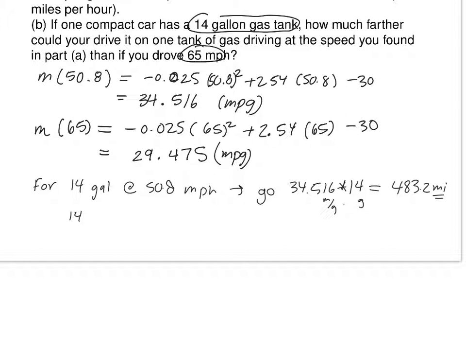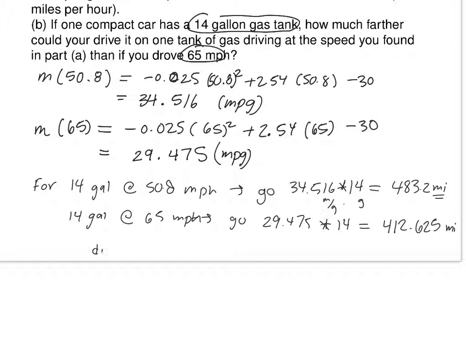How about 14 gallons at 65? You go 29.475 per gallon times 14 of them, and that makes 412.625 miles.